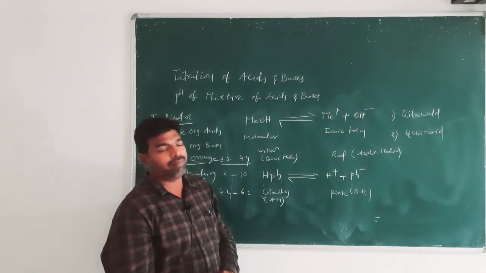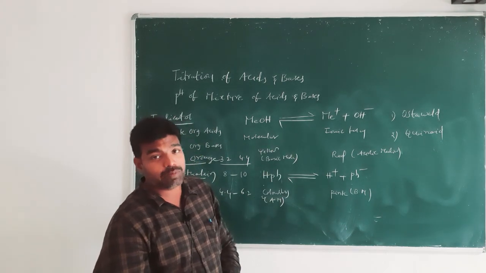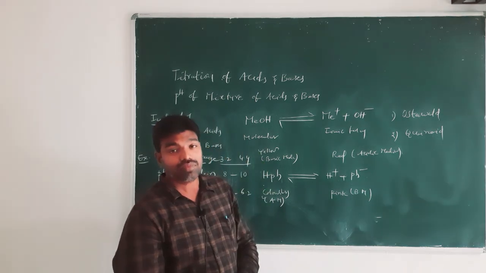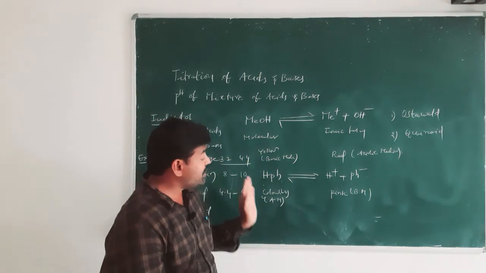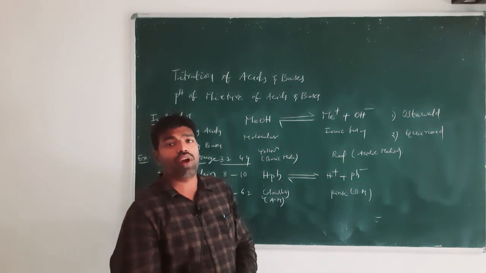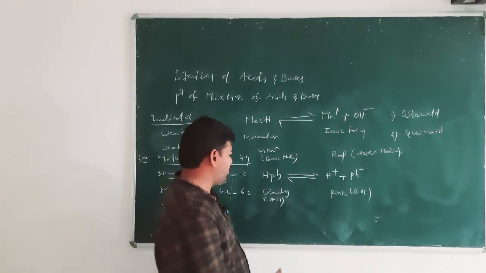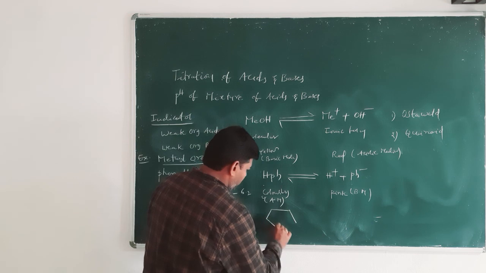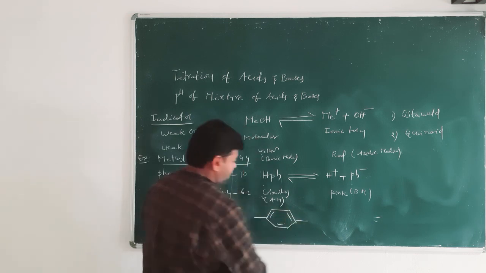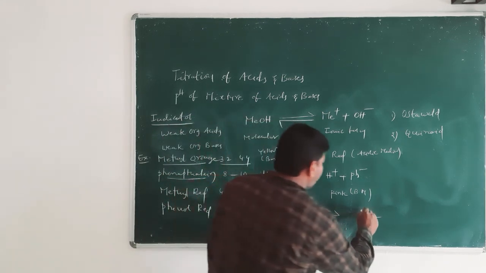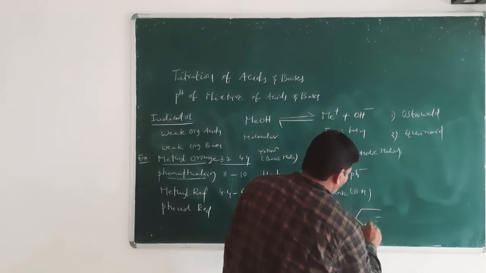And another theory is quinonoid theory. Quinonoid theory explains the action of indicator based on the benzenoid and quinonoid forms. Okay, so this is the benzenoid form, and there exists an equilibrium between benzenoid form and quinonoid form.